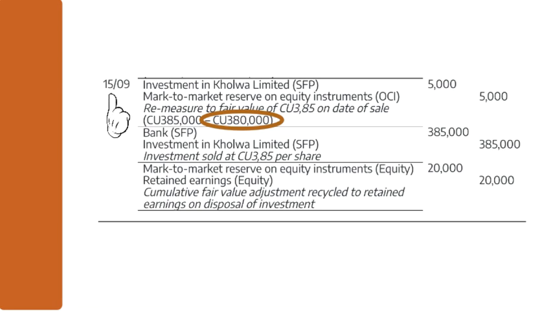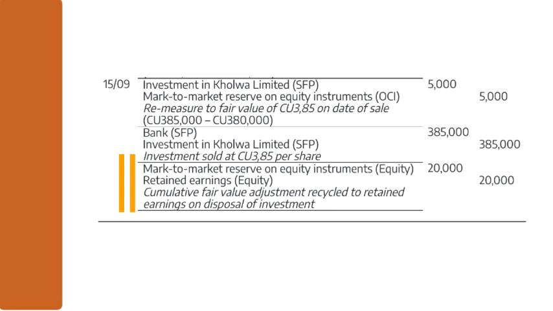You could do this specific journal, the fair value adjustment, only on the number of shares that you are selling. But this actually makes the calculation of how much of the mark-to-market reserve on equity instruments should be recycled to retained earnings harder.